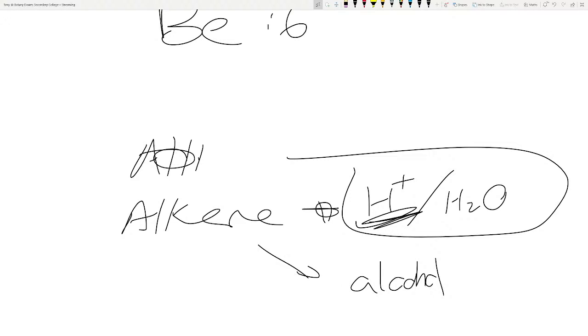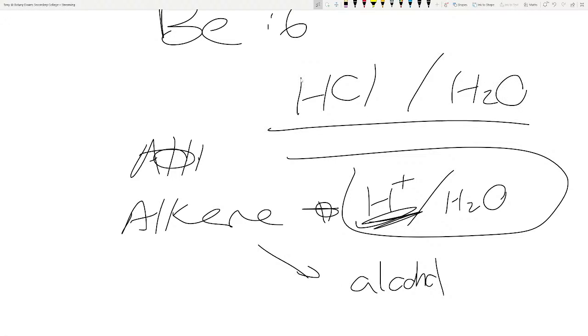This is more of a tricky question, because you're saying you've got HCl and water. So technically, with the alcohol side, you're treating the H plus as a catalyst, which makes this happen, which I personally think is more appropriate.